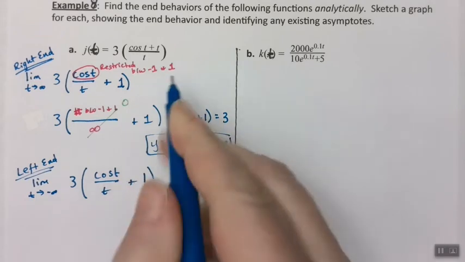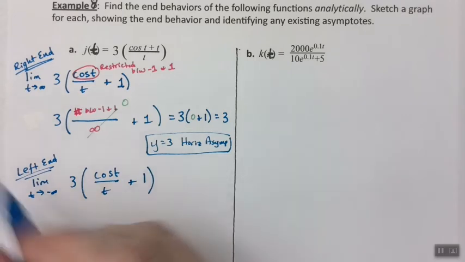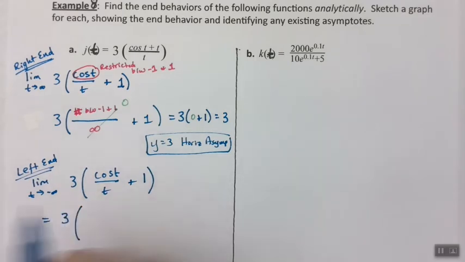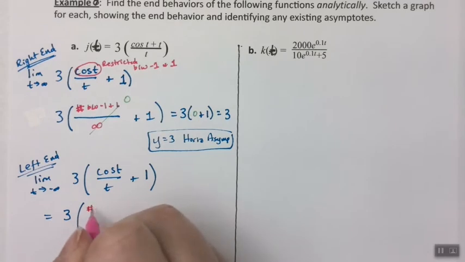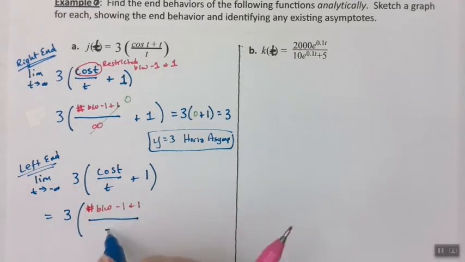I mean, that little simplification I'm doing there, that's just basic algebra. So then this is 3 times, but again, cosine of t is restricted, right? It can only be a number between, that's number, not hashtag, so a number between -1 and 1. So it's a small number, and I'm dividing it by negative infinity.